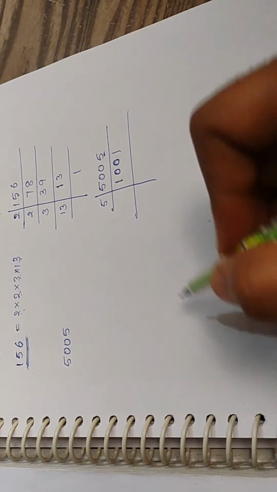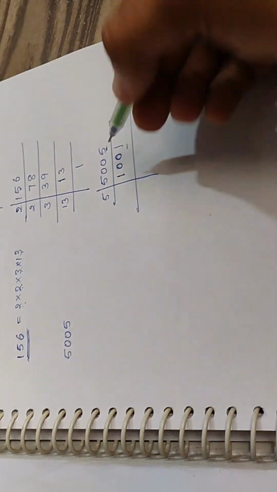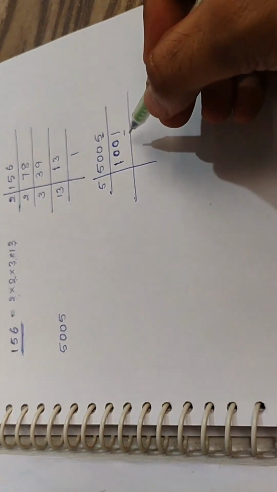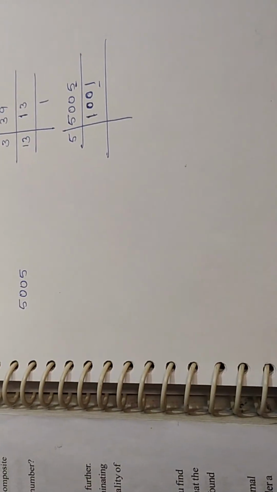Look at the 2 table, division కాదు, 3 table. No. 4 table, 5 table, 6 table, likewise. If it is not divisible, what do you have to do? You have to check once in the 11 table. What are we getting in the 11 table?